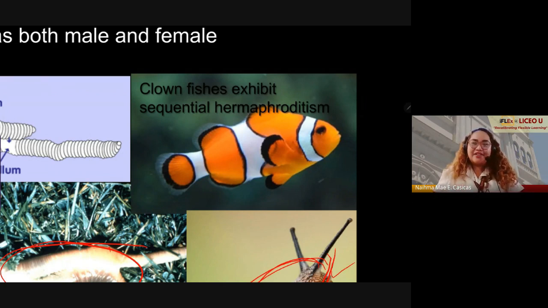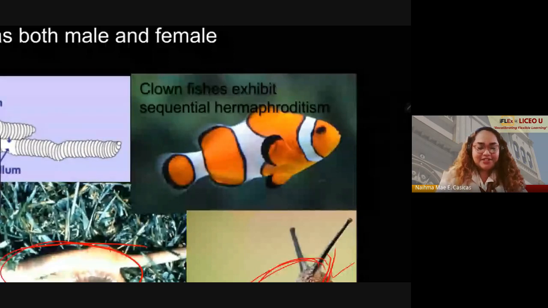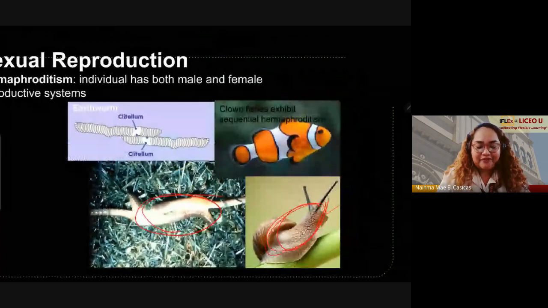I personally have not met a hermaphrodite in person before, but I understand that some hermaphrodites would be a little bit closeted, meaning they do not reveal that they are hermaphrodites, because they get judged by people. So that is hermaphroditism.